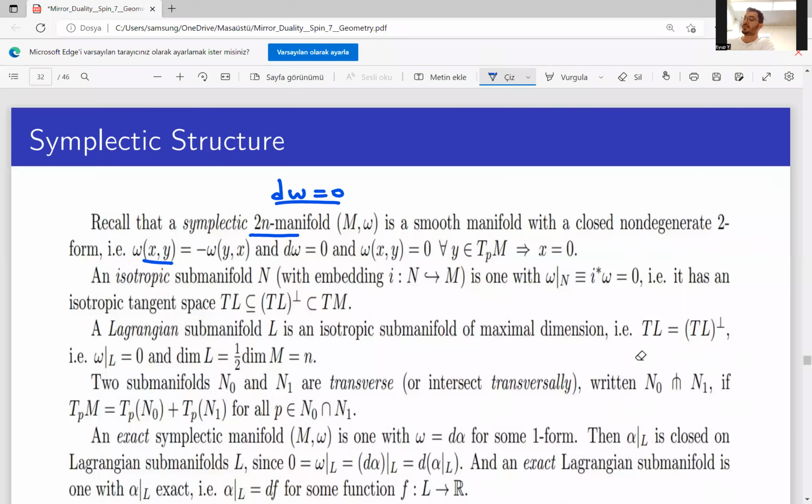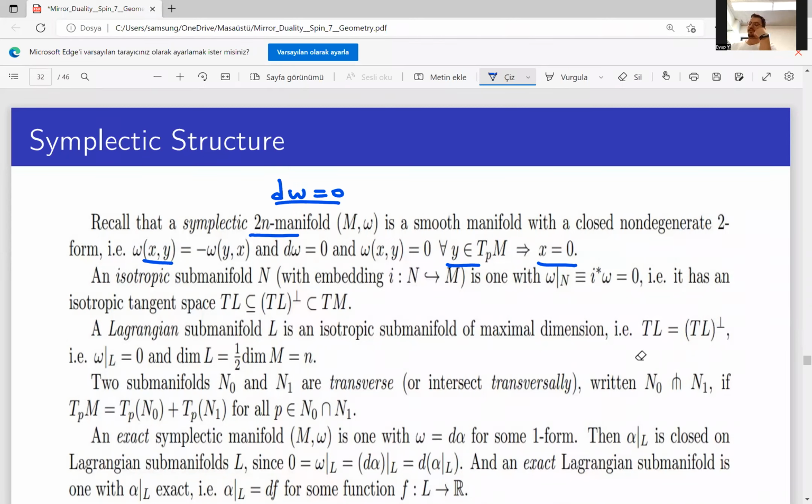And it is non-degenerate: if the form of x and y is 0 for all y, then x has to be 0.